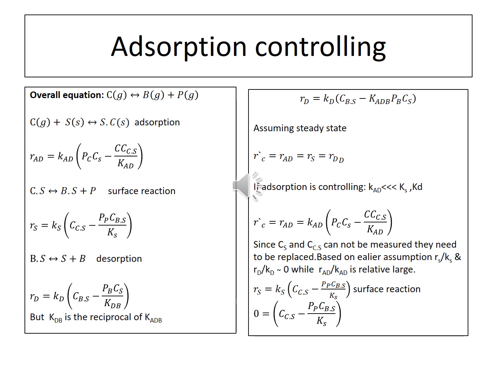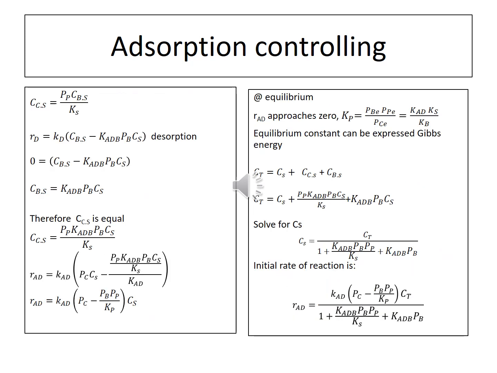For the first case, surface reaction, we divide r_s by k_s, and this becomes 0, and you equate the equation for surface reaction to 0. From this, we make C·S the subject of the formula. We get that equation. We do the same thing for desorption, equate it to 0, make the concentration of B·S complex the subject of the formula, and you get that equation.